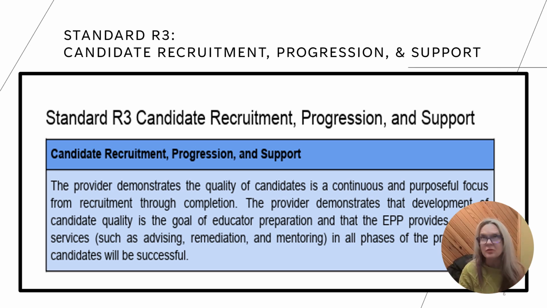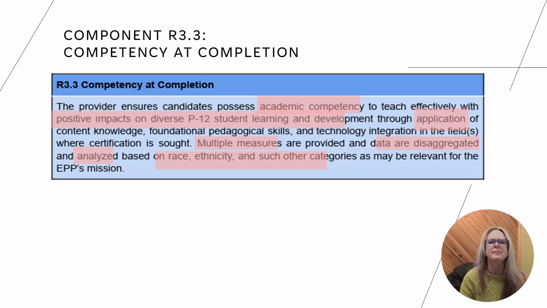And this is just what we're doing as an example. So let's look at component R 3.3. This is what we're going to look at for some guided practice today. Competency at completion. So here is the component of Standard 3 that we're focusing on.